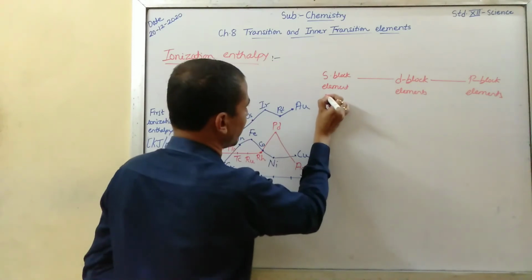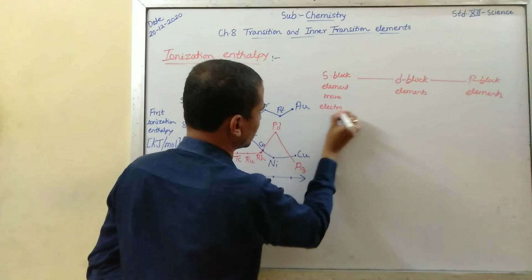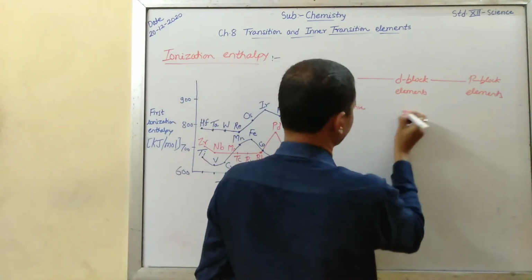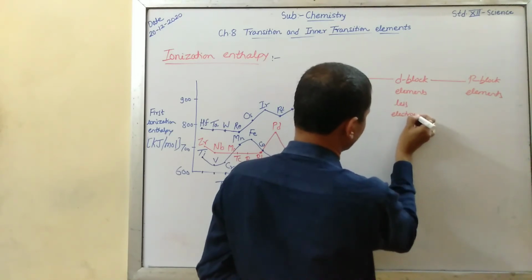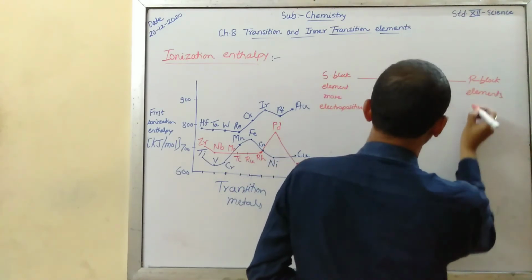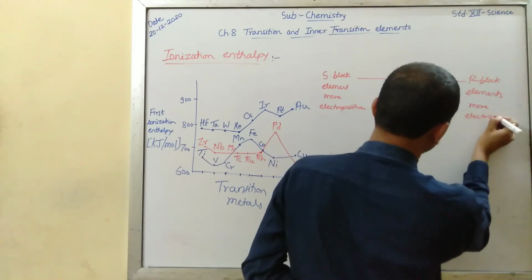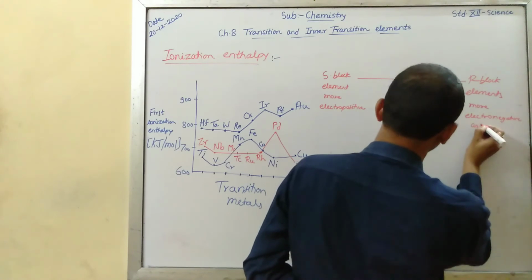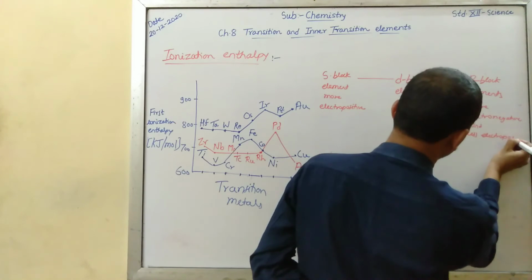And you know that S block elements are more electropositive, and d block elements are less electropositive. And P block elements, they are more electronegative and less electropositive.